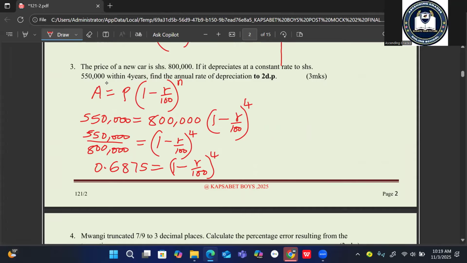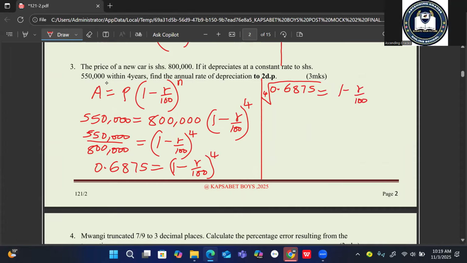We can take fourth root on both sides. So if we take fourth root on both sides, we have 0.6875. The fourth root of that one should be equal to 1 minus r over 100.